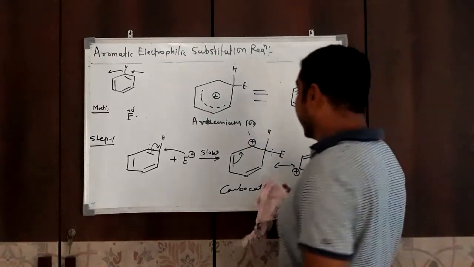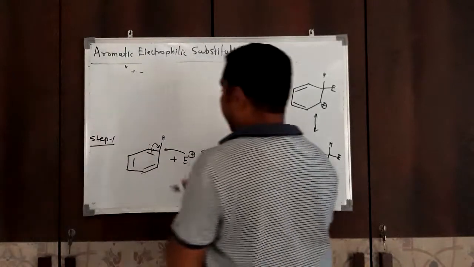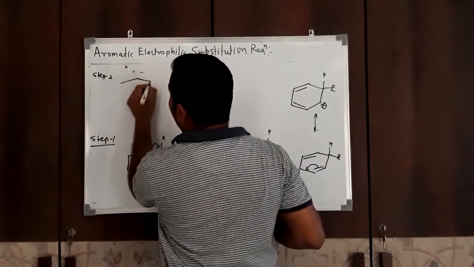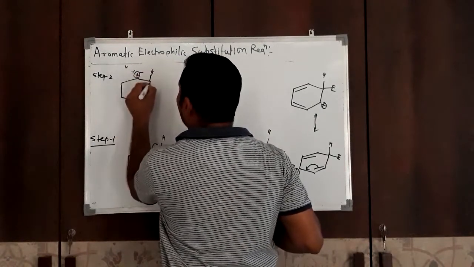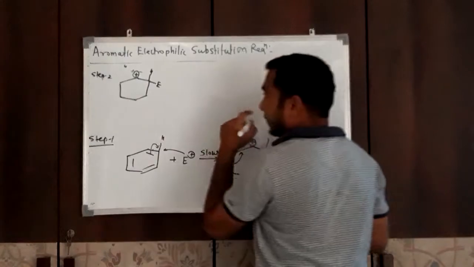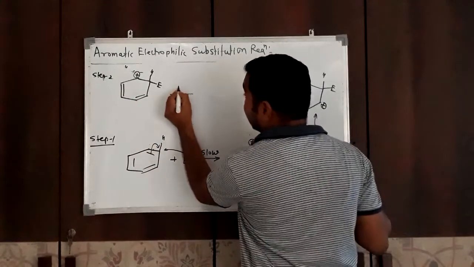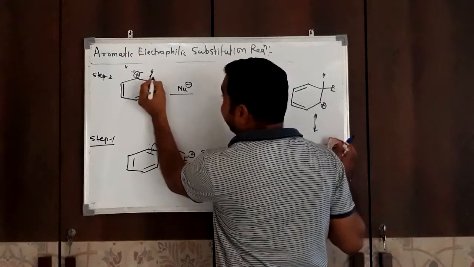Now step 2. In step 2, what happened? This carbocation regains aromaticity. Now the negative part of the reagent abstracts H plus.